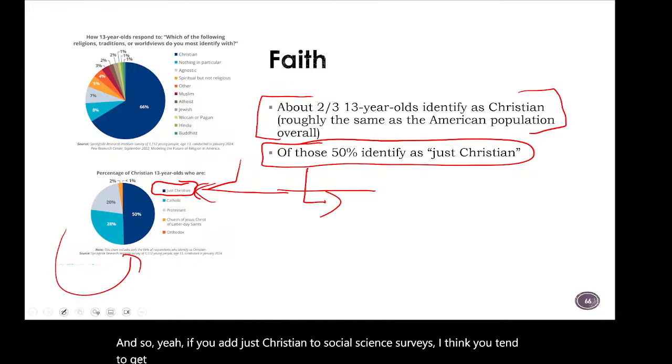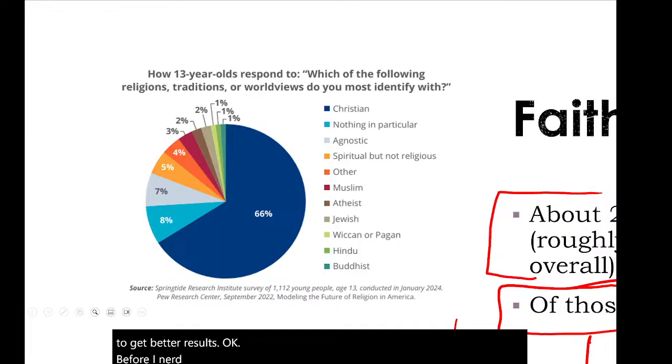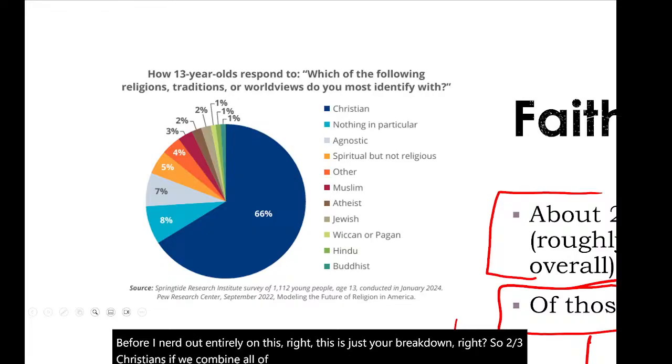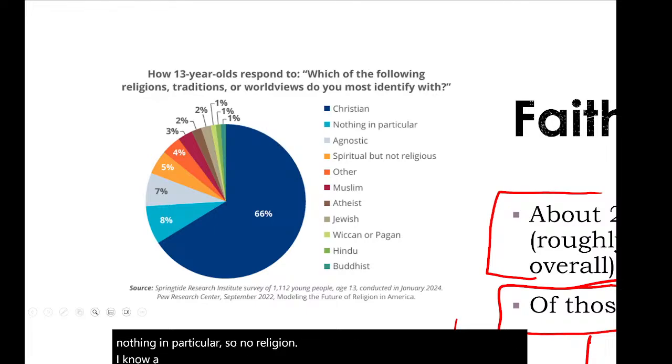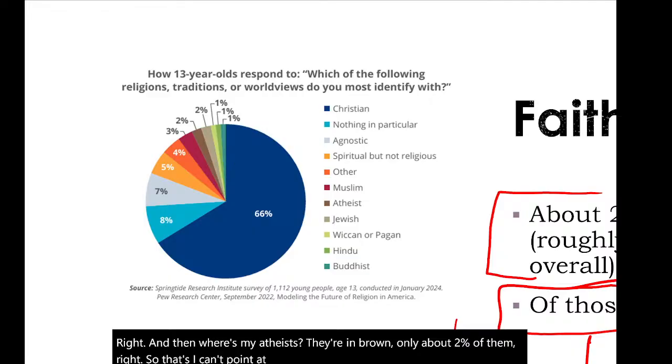Okay, before I nerd out entirely on this, this is just your breakdown, right? So 2/3 Christian, so if we combine all of those categories, 8% of young people identify as nothing in particular, so no religion. And a further 7% are agnostic, right? And then where's my atheists? They're in brown. Only about 2% of them, right? I can't point at anything here because it'll unzoom, but only about 2% of them say that they are atheists.